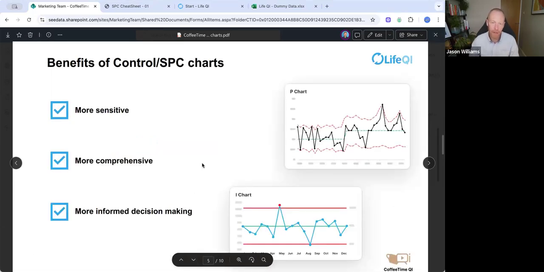The key benefits of SPC charts: we talked about it being more sensitive, it's essentially more comprehensive, there are more chart types, it detects more types of special cause variation, and what that really leads you to is more informed decision making. Because the whole point of these charts is you're trying to detect where have I got special cause variation, where is this process not performing as we would expect it to.